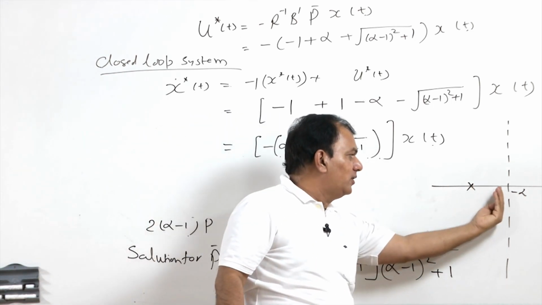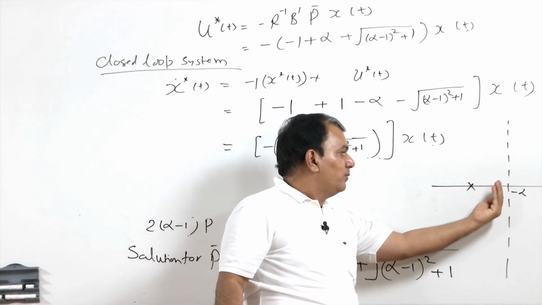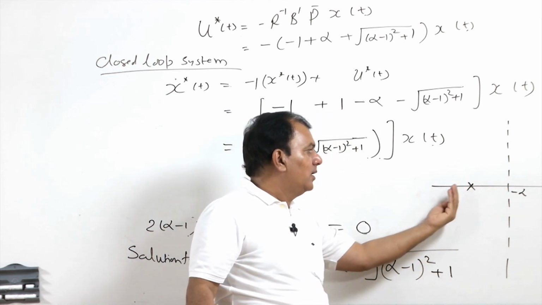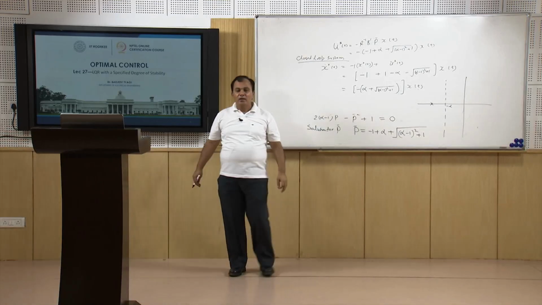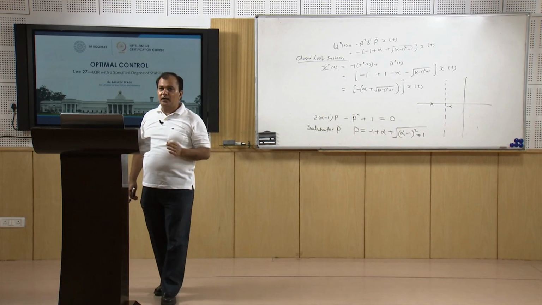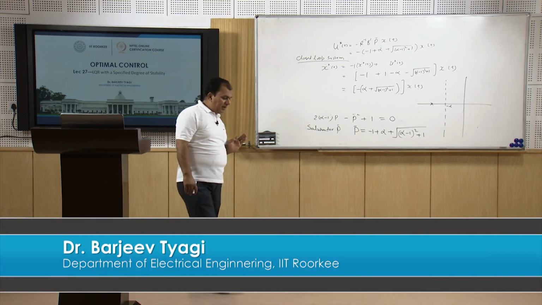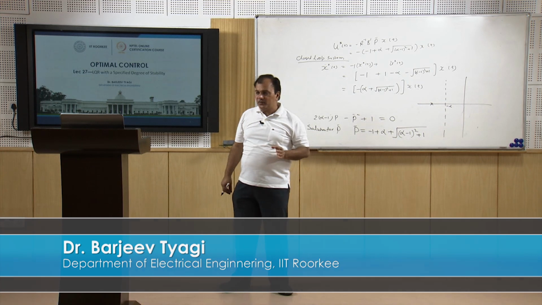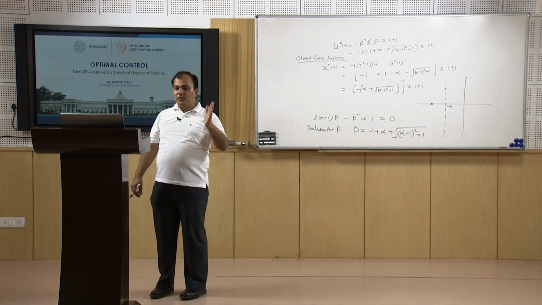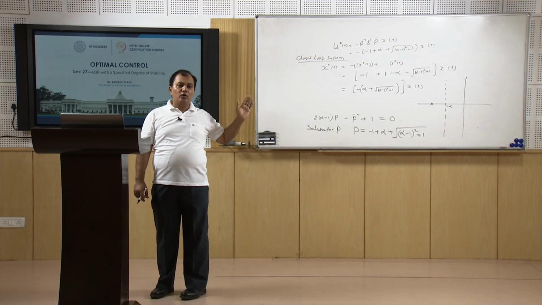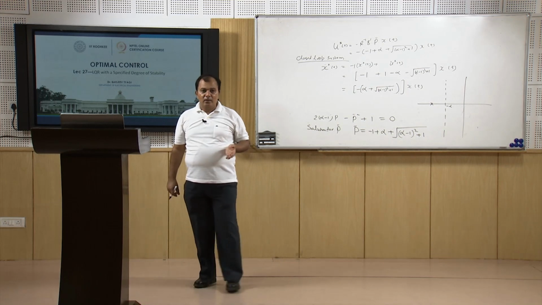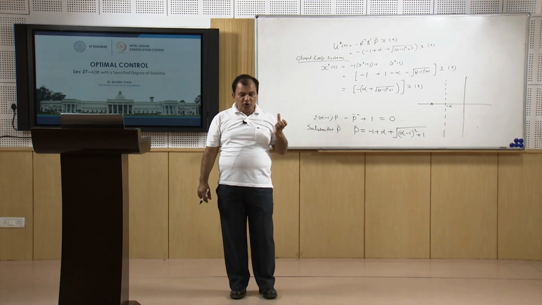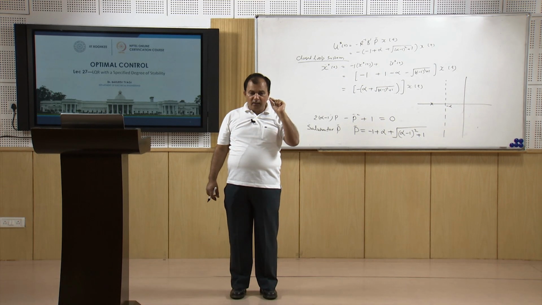So, I can ensure the stability, means my all eigenvalues will be left to the minus alpha line. So, this is the advantage of utilizing the specified degree of stability in a closed loop system, in which we can ensure that my eigenvalues always will be placed left to the minus alpha line, or in certain case I can ensure the stability of my given system.